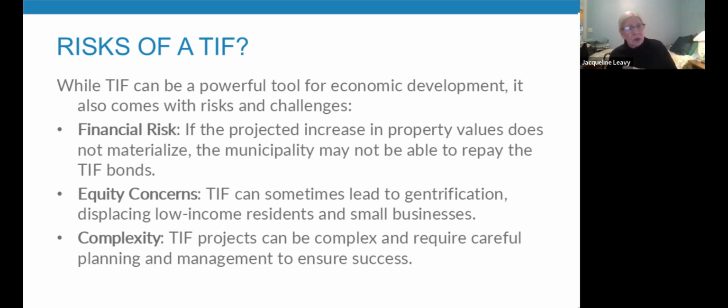So unless you have some sort of community benefits agreement or real transparency where the citizens are holding the TIF administrator accountable for exactly what's happening and who's benefiting from the TIF district, you can actually see low-income residents and small businesses sort of moved out of the area and substituted with higher-end businesses and higher rents, higher property, home prices, and so forth.